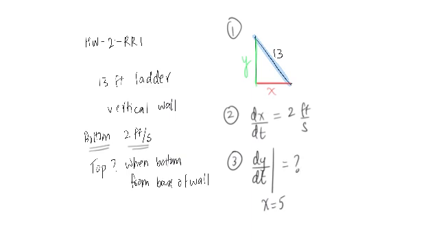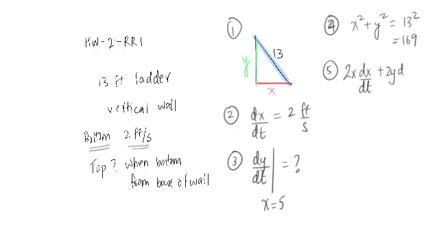Okay, so in this problem, we're going to use Pythagoras theorem. So we're going to say x squared plus y squared is always equal to 13 squared or 169 for this problem. That's the formula. And now we're going to differentiate implicitly, and it will become 2x dx/dt plus 2y dy/dt, right?